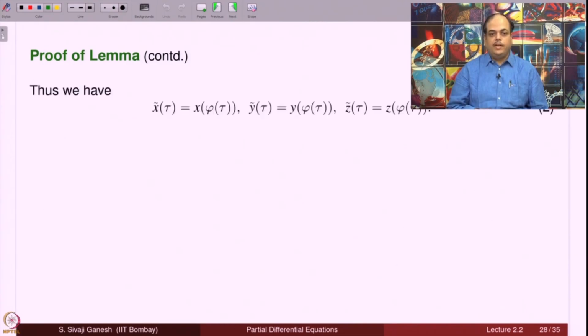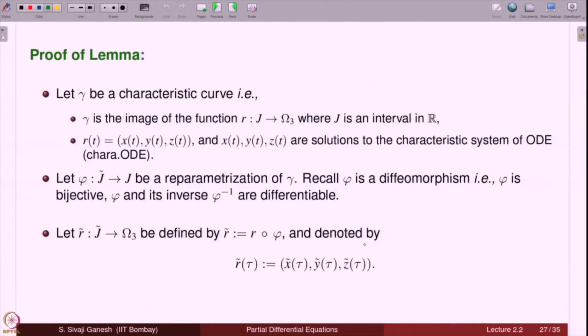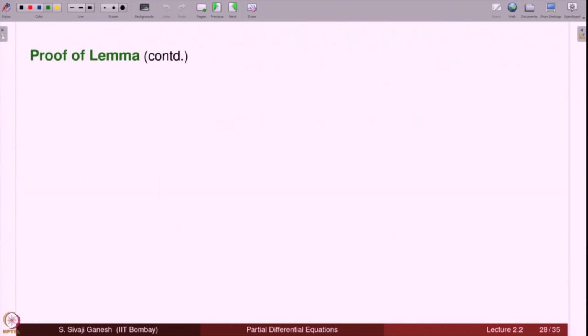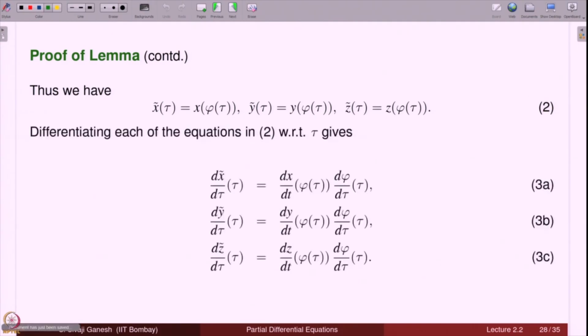So x tilde tau by definition is this, R tilde is R circle phi. So x tilde tau equals x of phi of tau, y tilde tau equals y of phi of tau, z tilde tau equals z of phi of tau. Differentiating each of the equations in 2 with respect to tau gives us the following equations in 3, which is actually the chain rule.